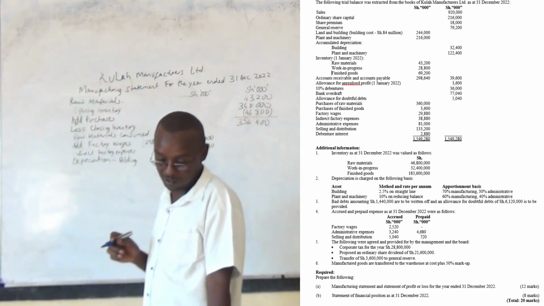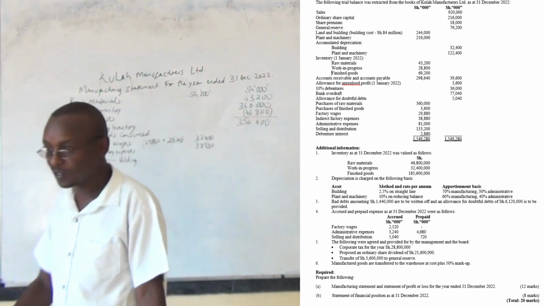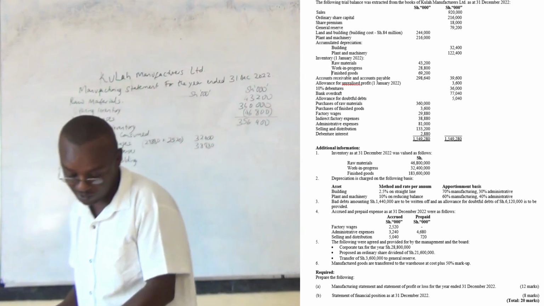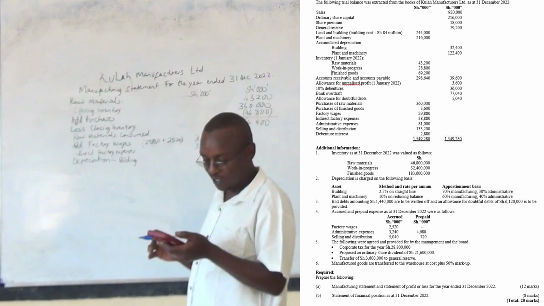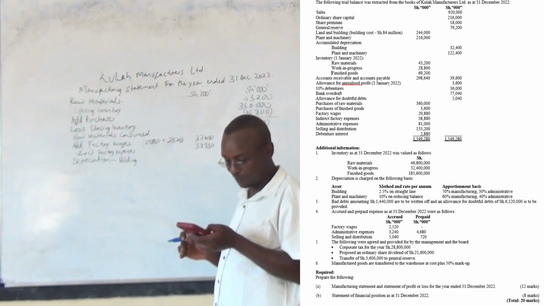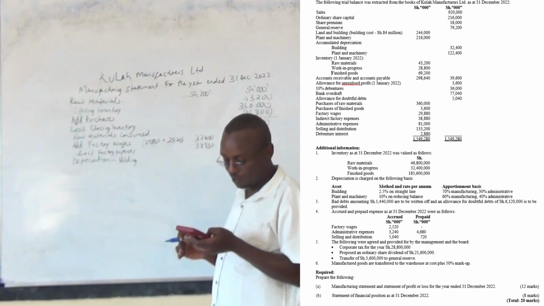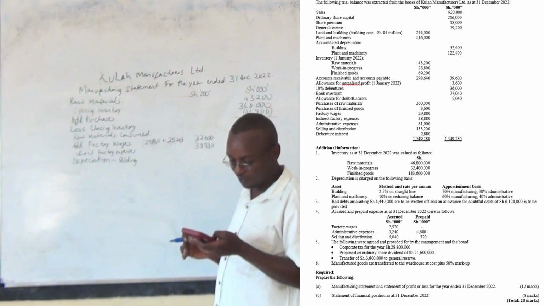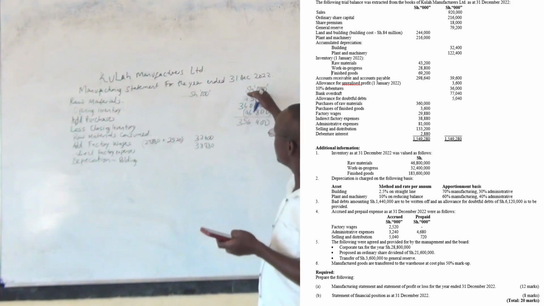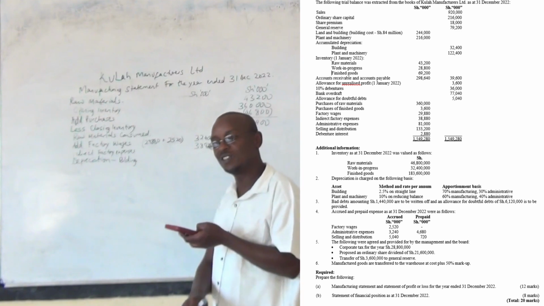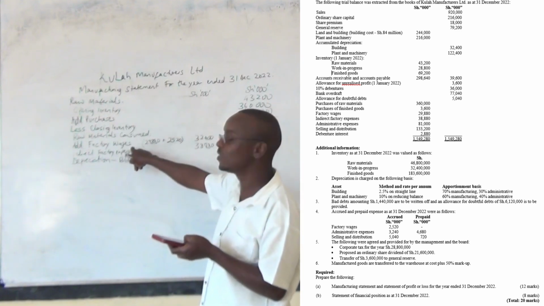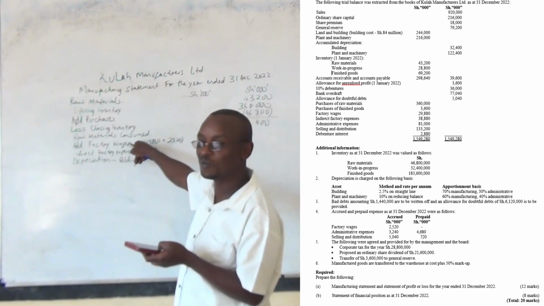Can you see it? So it is like this. Depreciation is charged on the following. So we are looking at the expenses that were incurred in manufacturing. Factory wages in the name. Is it an income?